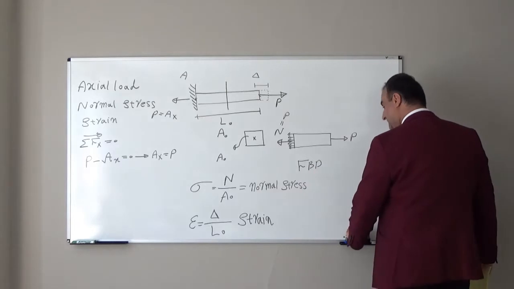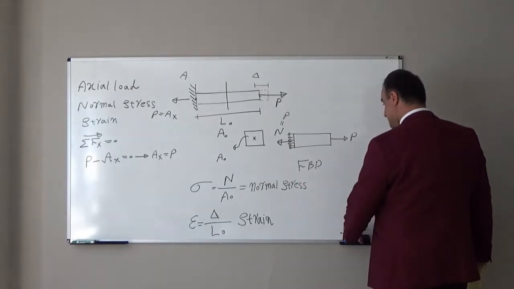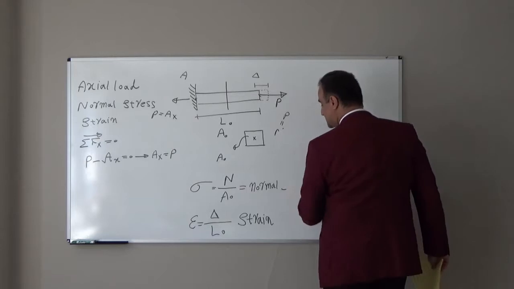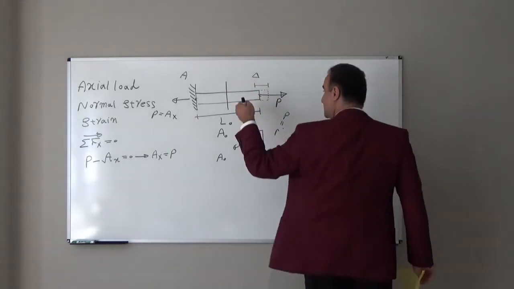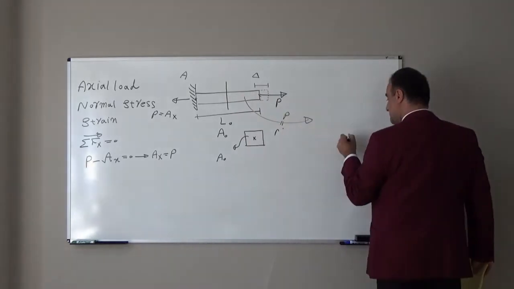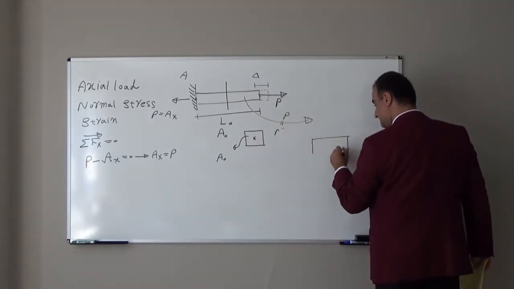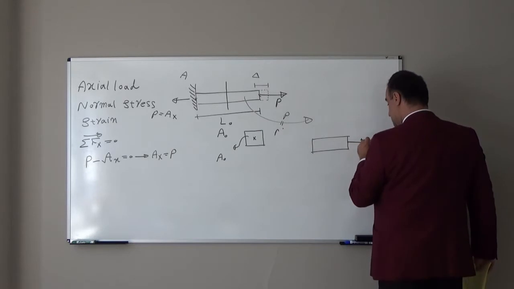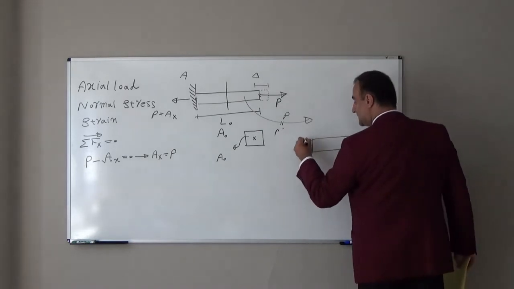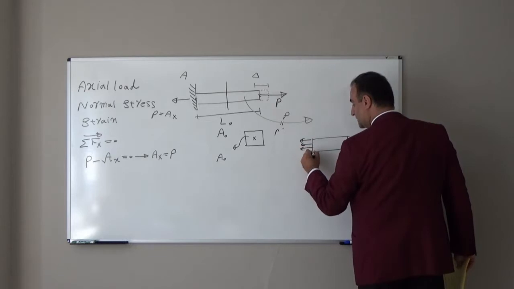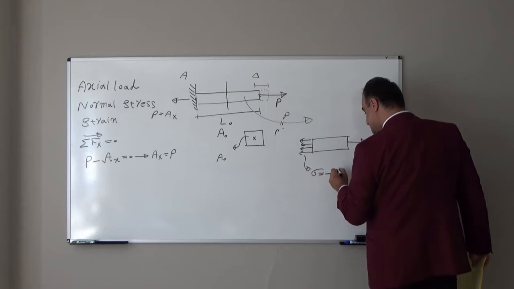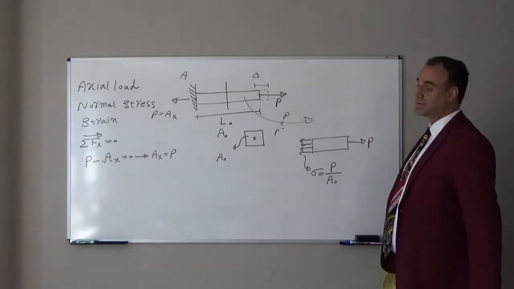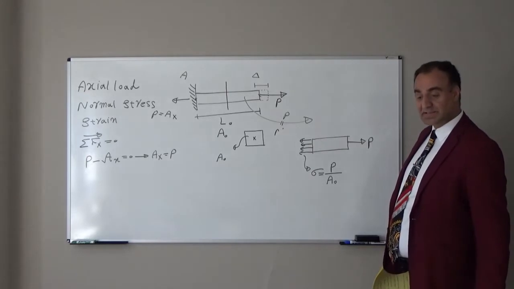So, for now, we know what is the normal stress and what is the strain. So I show the distribution of the normal stress. If I cut this, and again I show that segment, here this component, I show with sigma, normal stress, is equal to P divided by A naught, the initial cross-sectional area, and we call it normal stress.